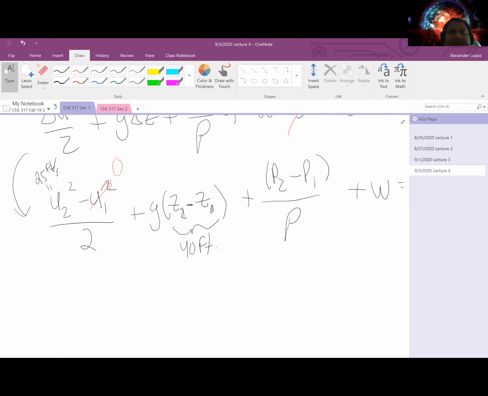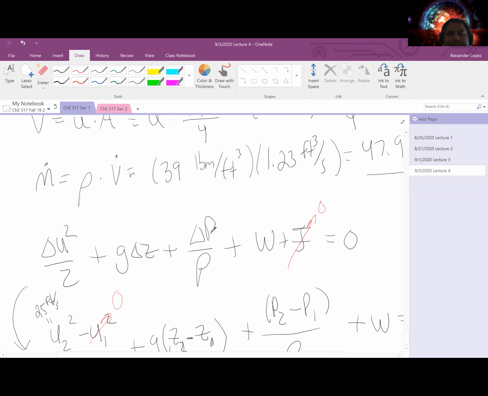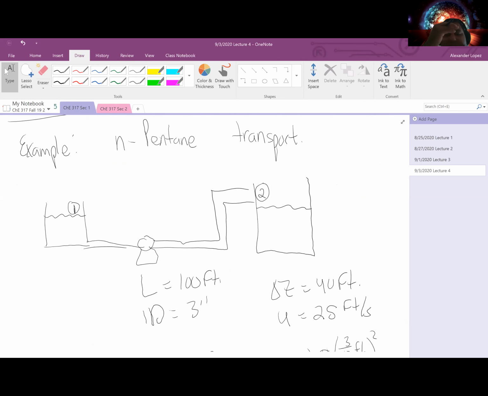Now, if I assume that both of these tanks, both the supply and the storage tank, are non-pressurized or open to the atmosphere, P1 is going to be about an atmosphere, and P2 is going to be about an atmosphere too.